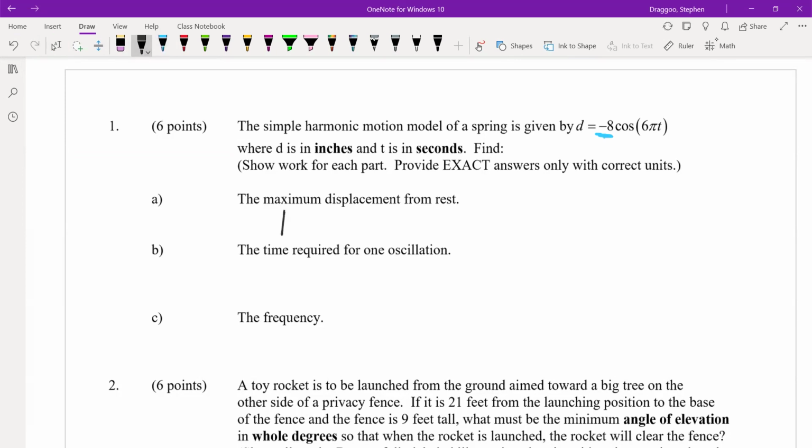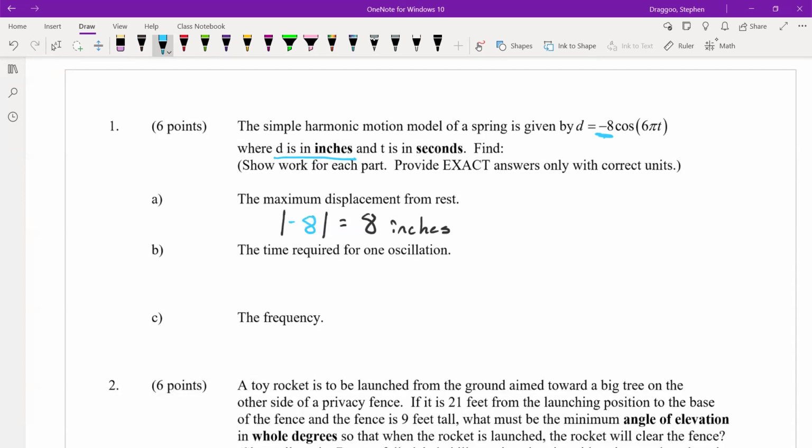The maximum displacement is just the absolute value of that number. So the absolute value of -8 is +8. And to include the correct units, this should be in inches, since our distance is being measured in inches.